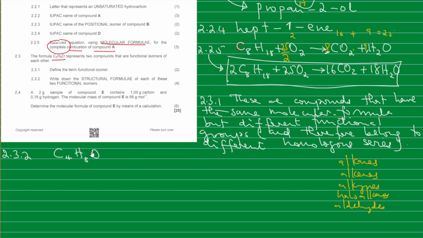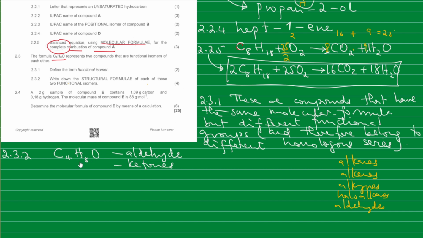For some of you, you might have picked up that this formula can be an aldehyde or a ketone. This is a molecular formula for an aldehyde and a ketone. This aldehyde has four carbons, 8 hydrogens, and so on. Well, I'm going to explain this on the structural formula.